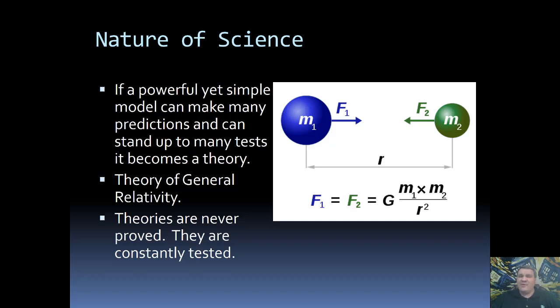Every single time that we test it, it has come out correct. So we refer to it as a theory because it's continuing to be tested, but now we pretty much assume that it's going to give us the correct answers, that it is good and solid.